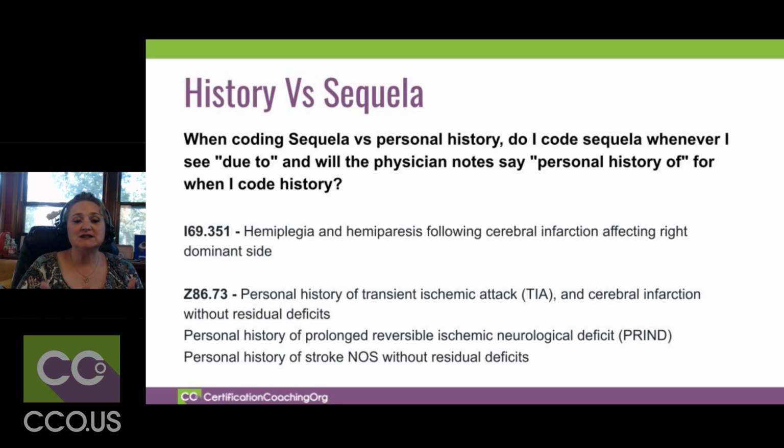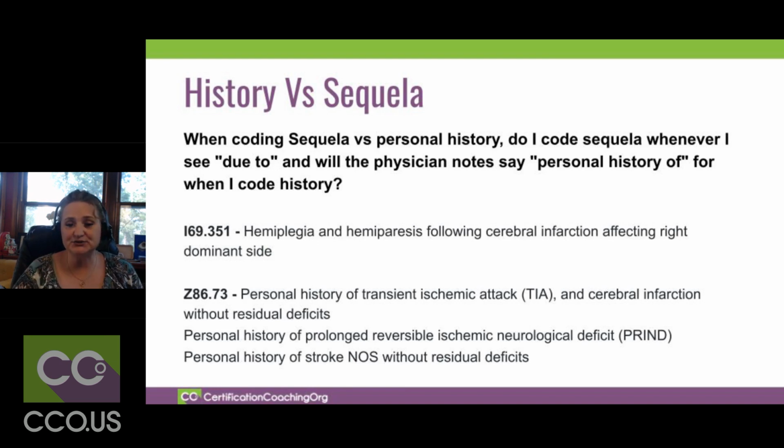So regarding this question here, the confusion is sequela versus personal history, but they're actually two completely different things. And I think the person knows that, but they're wanting to know how to abstract that. When I look at the documentation, how do I verify a sequela, a late effect, versus a personal history?